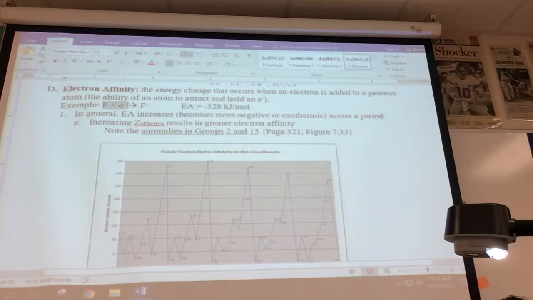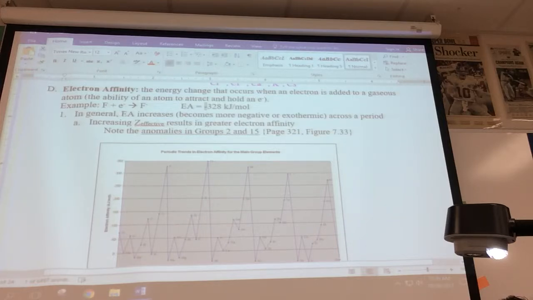Fluorine can attract and hold an electron and form a fluoride ion. The electron affinity energy is negative 328 kilojoules per mole. Kilojoules is a unit of energy, per 1 mole of fluorine. This is exothermic because it's negative.